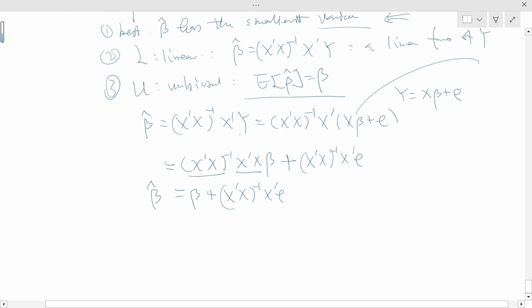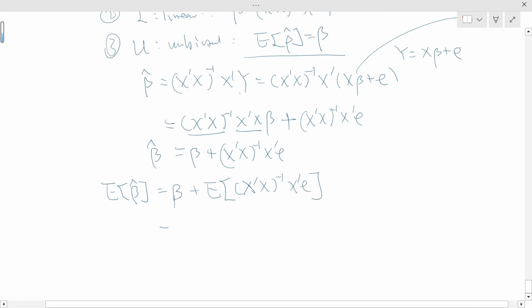Let's take expectation on both sides. Beta is a constant, not a random variable, so its expectation is still beta, plus the expectation of (X'X)^-1 X'e.